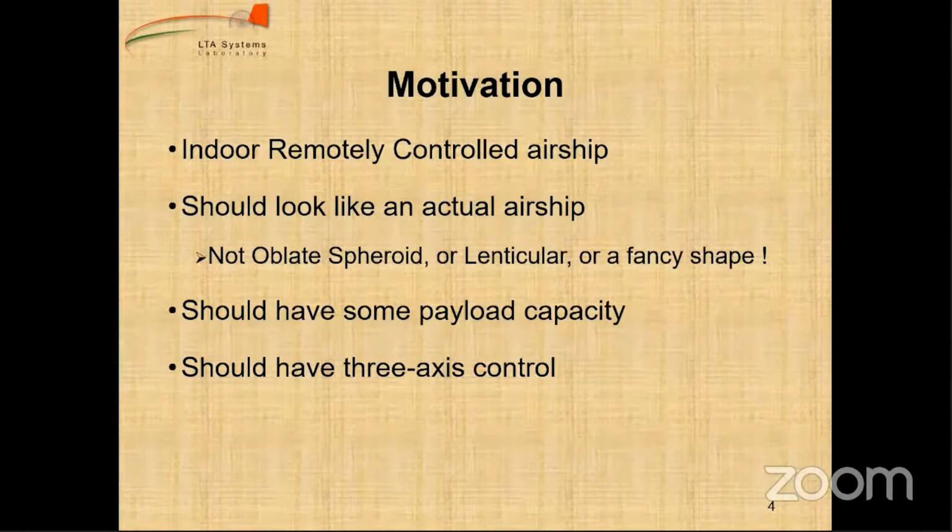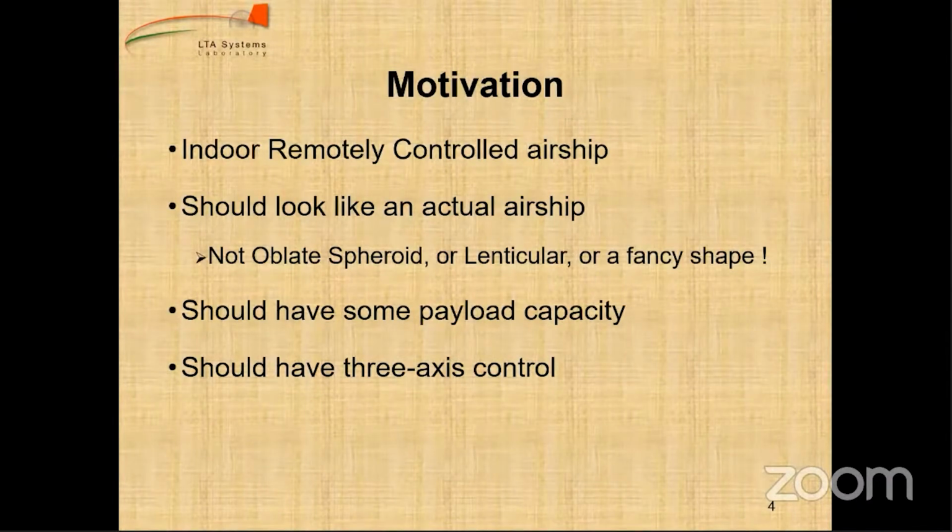Then, as we are talking about the airship, there is a main difference between airship and aerostat. An aerostat is only fixed at a location, and it is stable only on the mercy of the wind. But in the case of an airship, we are talking about some kind of control.